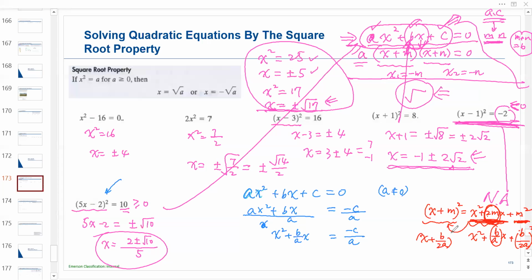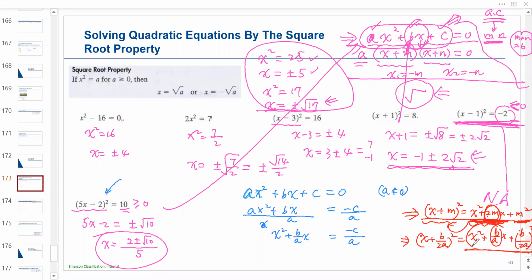Did you see this step and this step? We just replace m with b over 2a. Everyone, please read carefully here. So you got this, right?